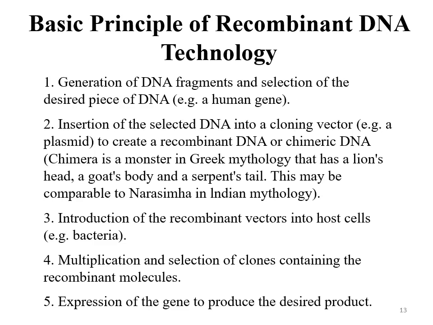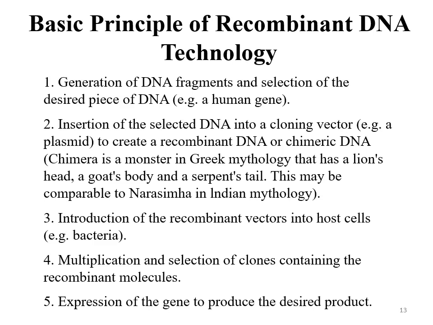After this step, this recombinant DNA is introduced into the host cell, for example, into bacteria. After the introduction of the vector into the host cell, it can multiply, and the selection of the clones containing the recombinant molecule is done.